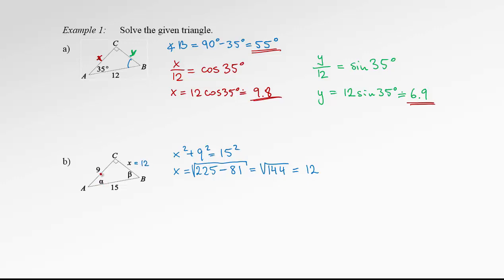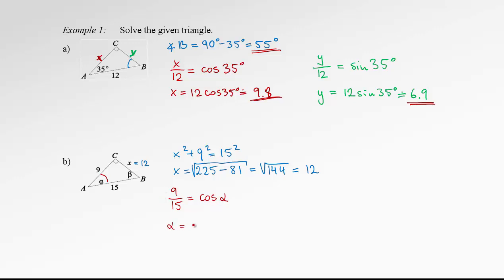Now let's focus on angle alpha, and we can create ratios 9 over 15 or 12 over 15 or 12 over 9. That's up to us. Let's stick with the given data. 9 over 15, that's really adjacent over hypotenuse for angle alpha, therefore it is cosine of alpha. And now to solve for alpha, we need to use shift cosine of that number.